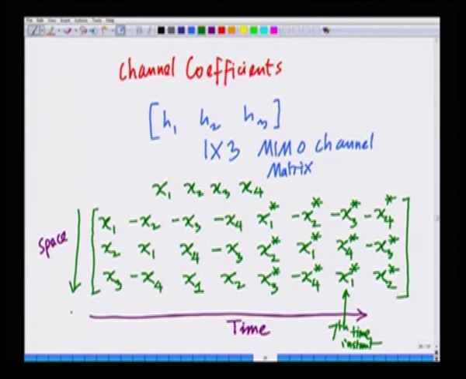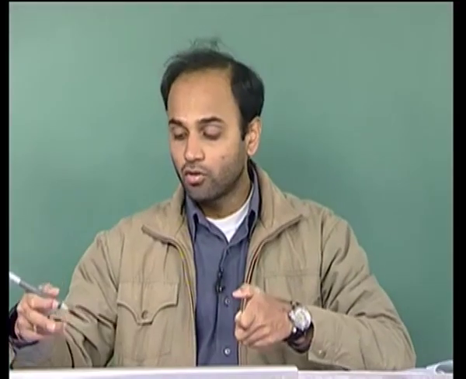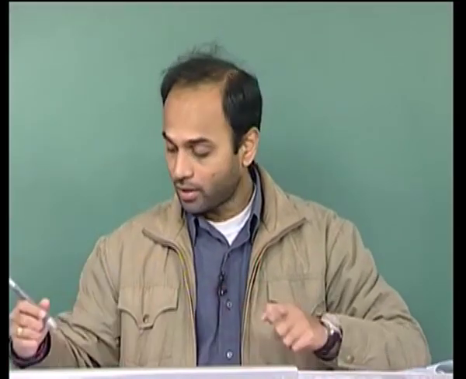This is space which comprises 3 transmit antennas. This is time which comprises a total of 8 time instants. So, this is 3 antennas, 8 time instants, 4 symbols over 8 time instants.